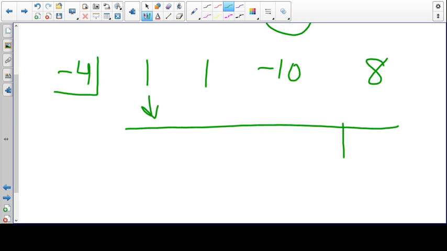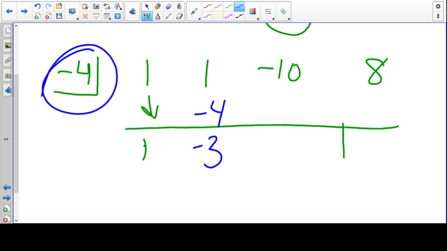First up is I always bring down that very first number, so I get 1. 1 times -4 is -4. 1 minus 4 will give me -3. -3 times -4 is going to give me +12.